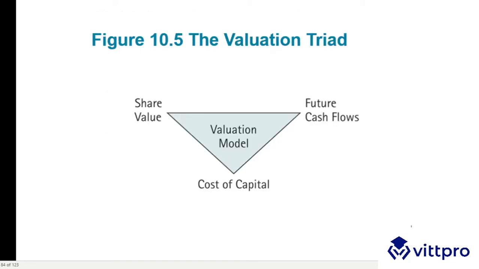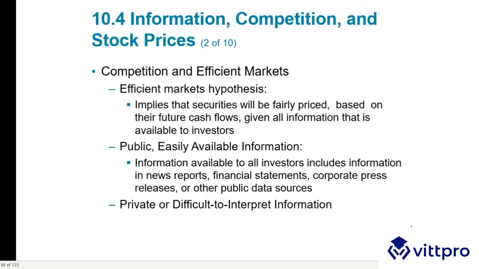The share value of the company would always depend on the future cash flow and the cost of capital. So all the three models that we have discussed give the share value based on cost of capital and future cash flow, in the form of either dividends or free cash flow, or by comparing the values between competing firms.